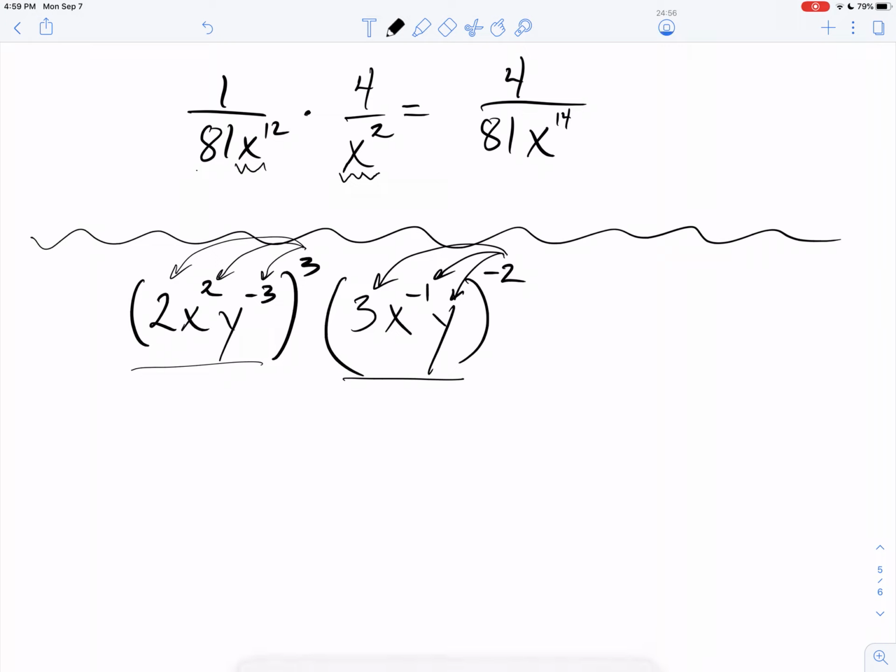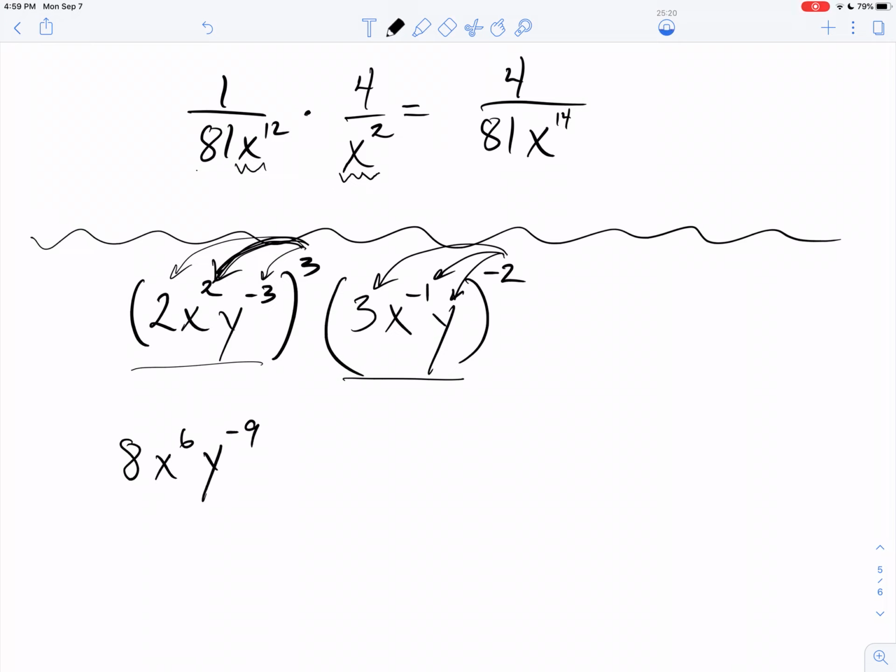I will get 2 to the third. Now 2 to the third means 2 times 2 times 2. I get 8. If you want to write out that middle step, if it helps your brain, do it. But me, I just like to take care of numbers and get them done. So it's 2 to the third, that's 8. X to the sixth, because 3 times 2 is 6. And then y to the negative 9.